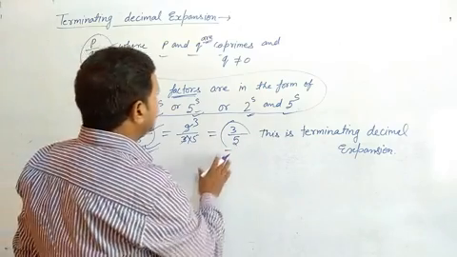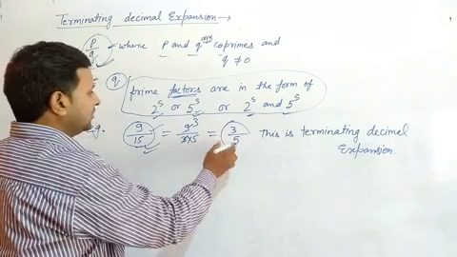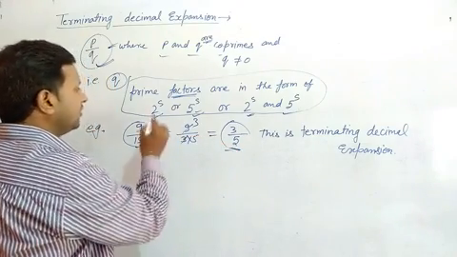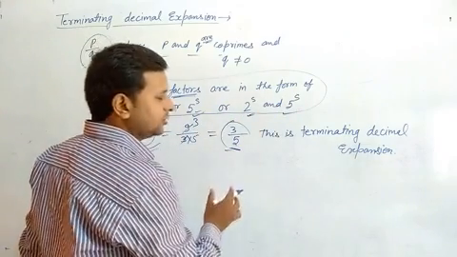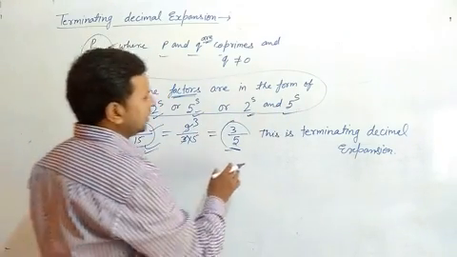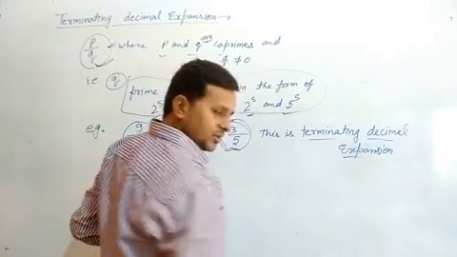If we get the factors of that denominator in the form of 2's or 5's or 2's and 5's both, then we can say that that number is terminating decimal expansion.